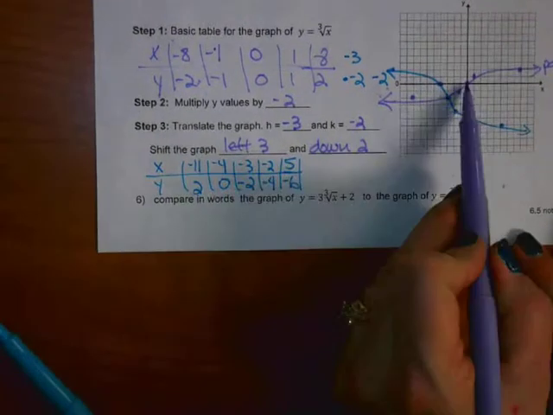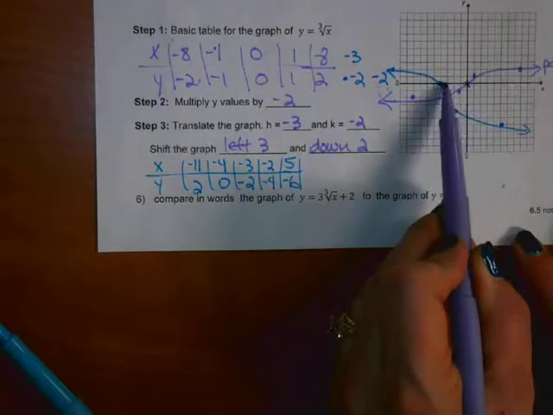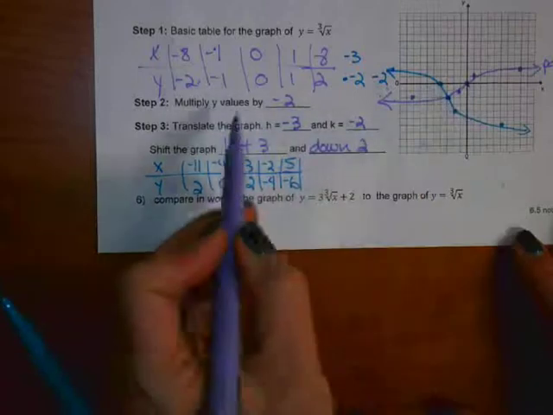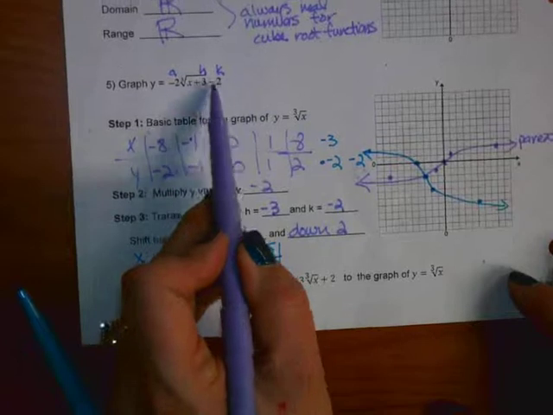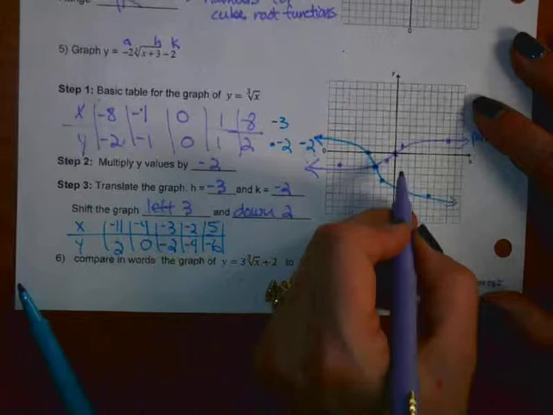So sometimes I like to just look at the center here, and the center here, and you can see that it went left and down. So it went left 3, down 2, which makes sense with my H and K up here. Okay? So if I had to describe it in words, this is what I would say.